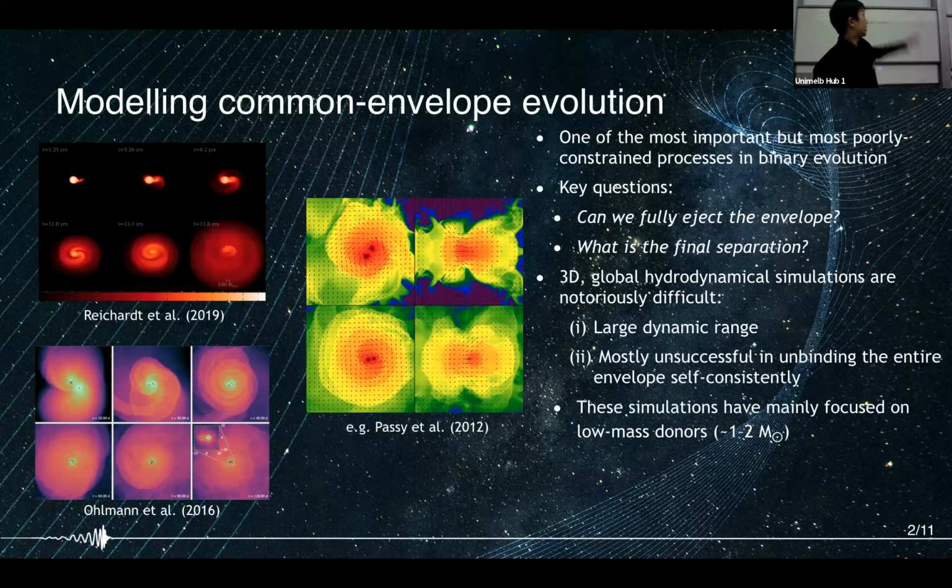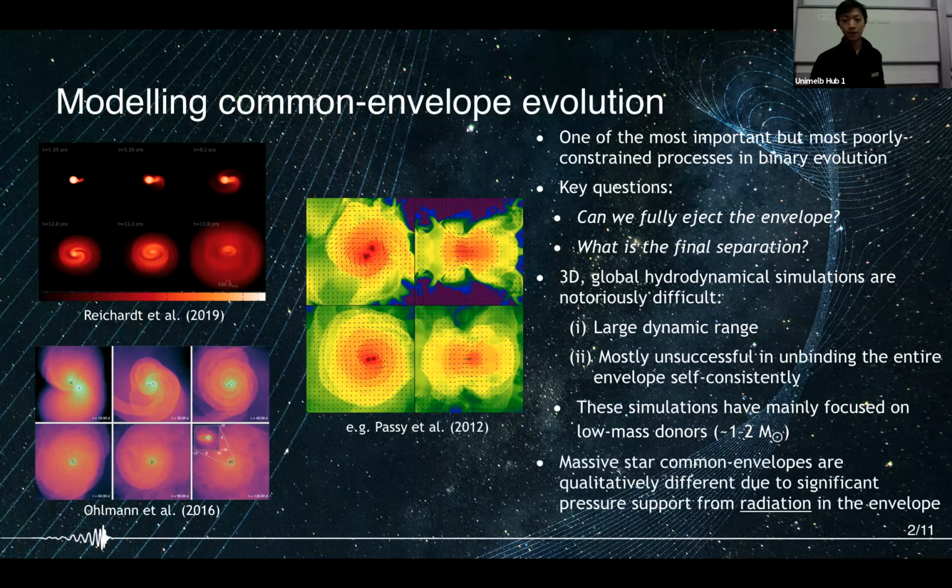Moreover, these simulations, such as the ones shown on the slide, have mainly focused on low mass donors of about 1 to 2 solar masses. But if we ought to understand the formation of X-ray binaries or gravitational wave sources, which came from massive stars, we really ought to understand common envelopes that involve a massive star.